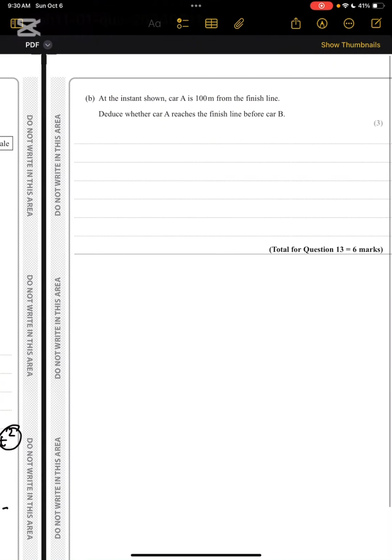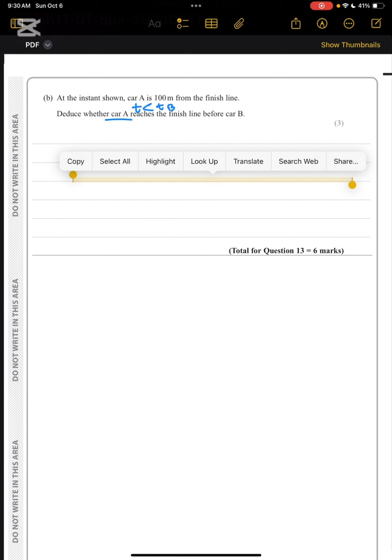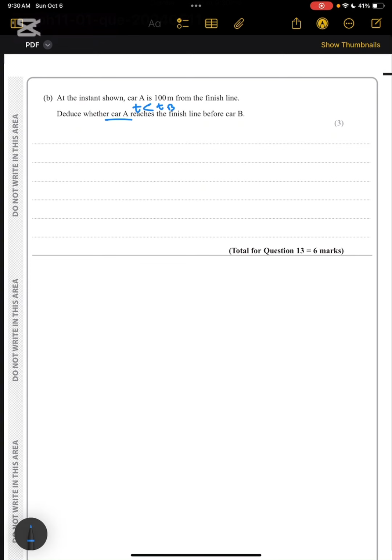So what they have asked is, deduce whether car A reaches the finishing line before car B. So the time taken for car A should be less than the time taken for the car B. For the car A to reach the finish line before car B, the time of car A should be less than the time of car B. In such a way, the car A will be able to reach the finishing line before car B.